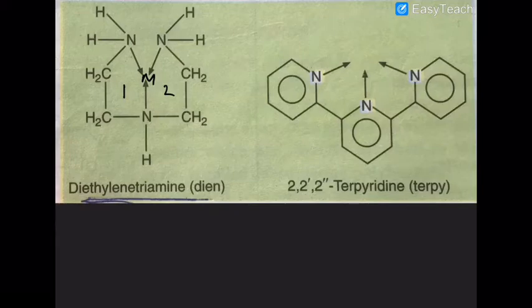And here also, 2,2',2''-terpyridine is also able to form 2 closed rings around the central metal atom. This is a very important scenario you have to take into consideration, that here a single ligand is able to form more than one chelating ring around the central metal atom.